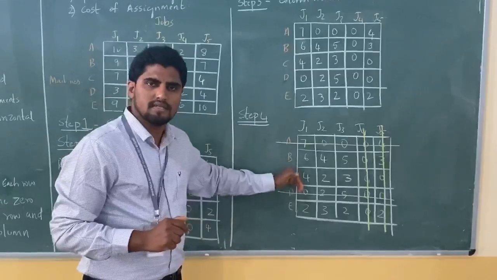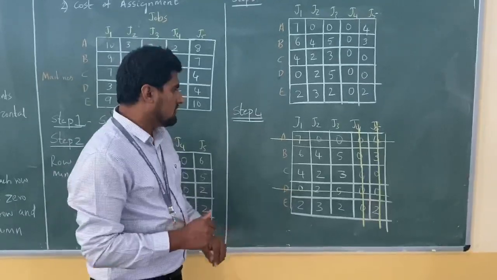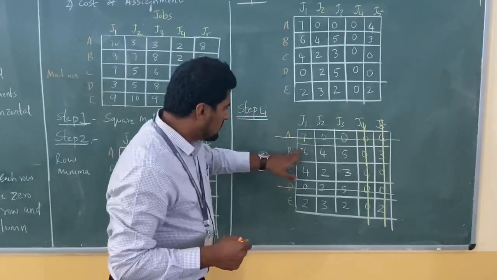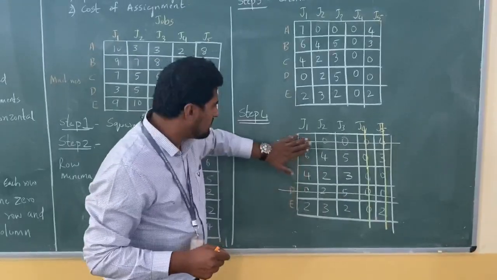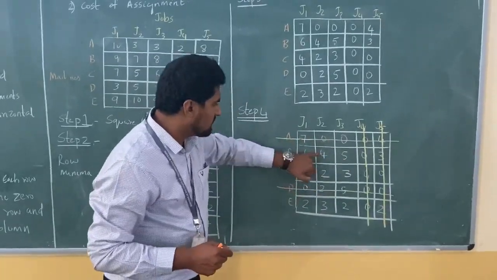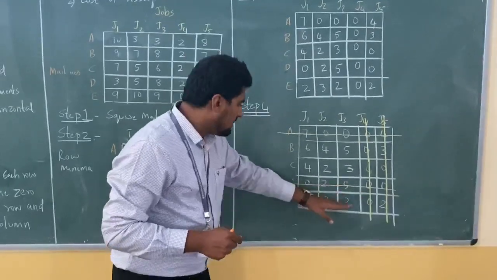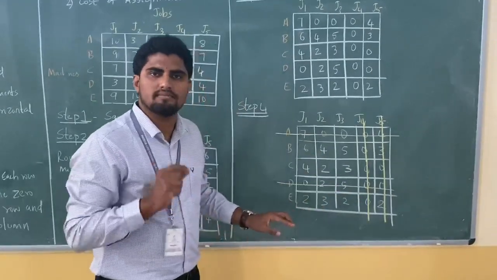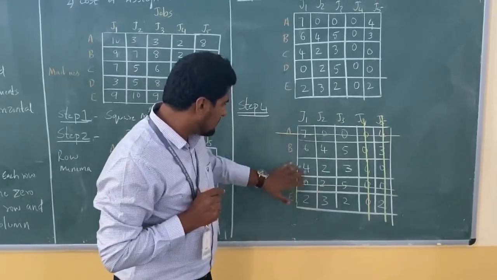What does the next step say? If capital N is not equal to small n, the uncovered numbers we have to read. Here we have these uncovered numbers, that is 6, 4, 5, 4, 2, 3, 2, 3, 2. In these numbers we need to select the least number first. Which is the least number? The least number in this case is 2.